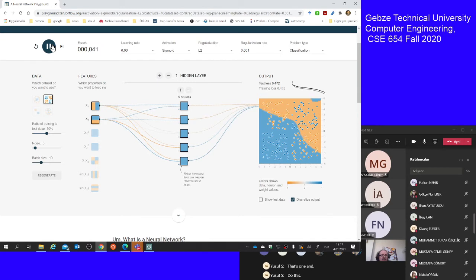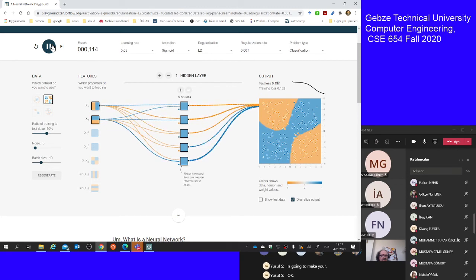It's going to make your boundary lines smoother, and it will generalize much better. So the training loss and test loss are similar. It is doing very well.